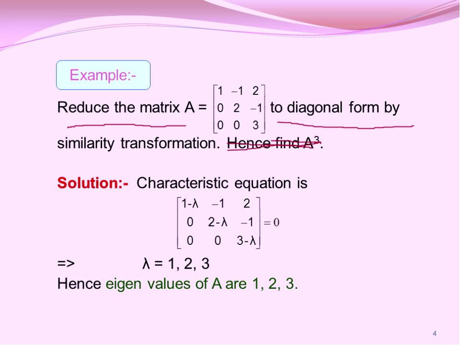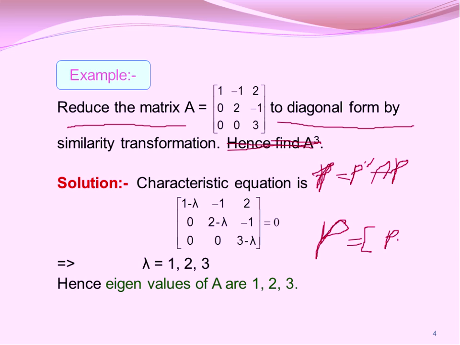Reduce the matrix A to diagonal form by similarity transformation. We will not discuss the A cube part, only up to here. As I told you in the face-to-face class, we have to write a matrix like P inverse A P.